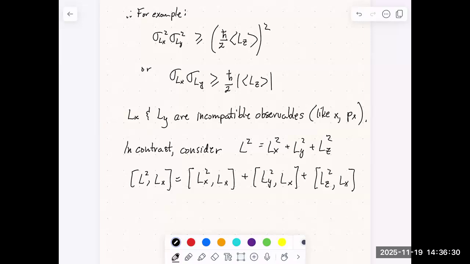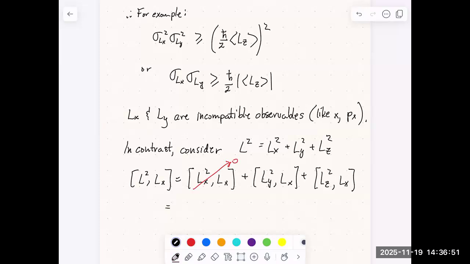All right. This Lx is going to commute with itself, and so this one will vanish. There was a way to handle products in a commutator relation.